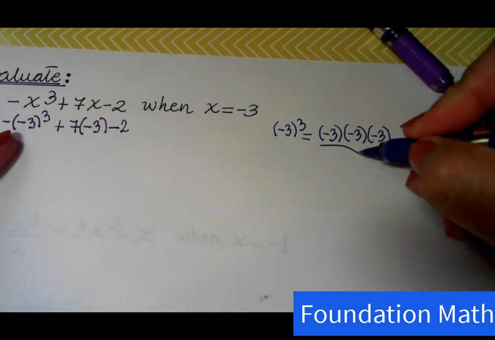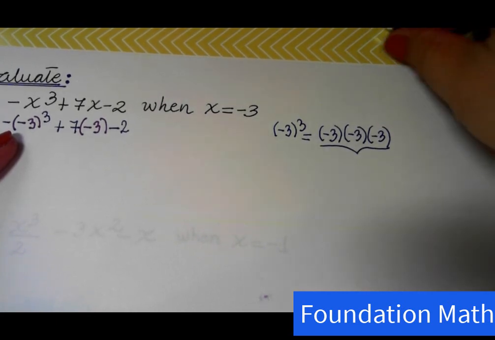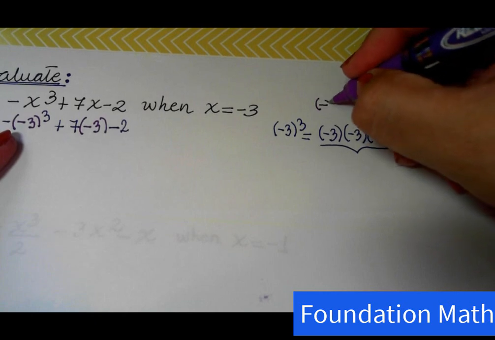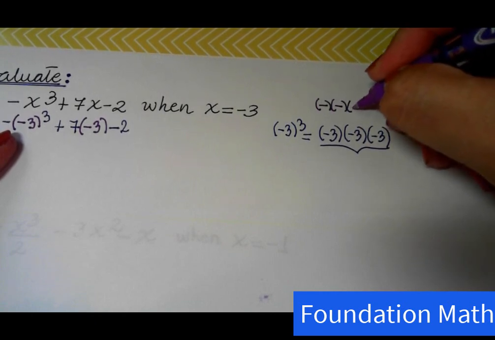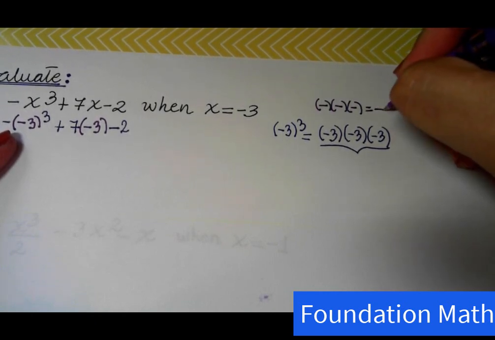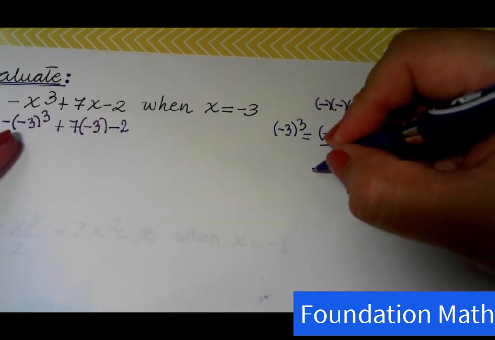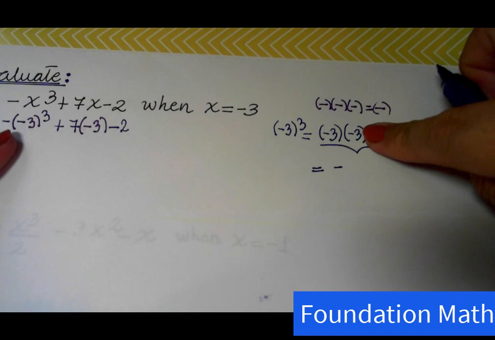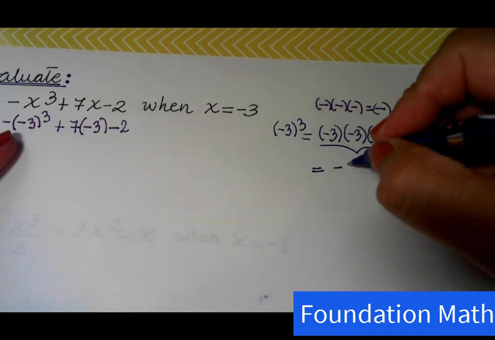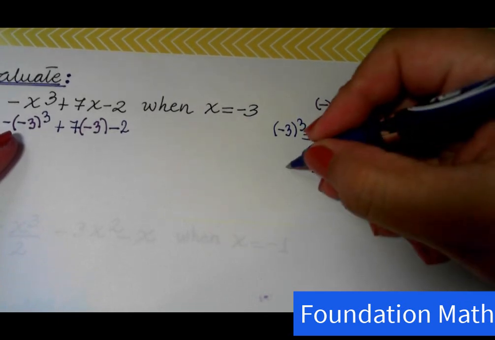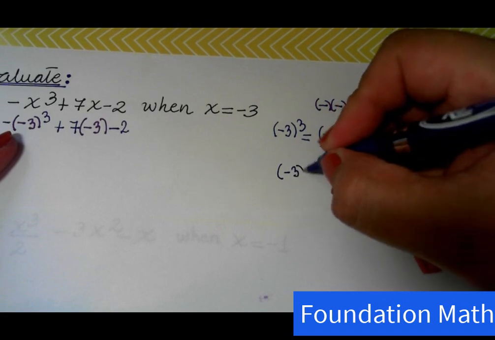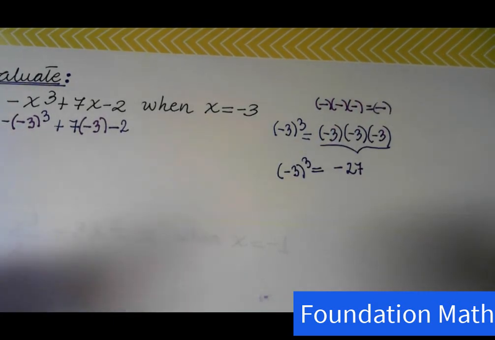So we're going to multiply 3 times, and remember, negative times negative times negative, your answer should be negative. Okay, so this is equal to negative 3 times 3 is 9, 9 times 3 is 27. So negative 3 with exponent 3 is equal to negative 27.